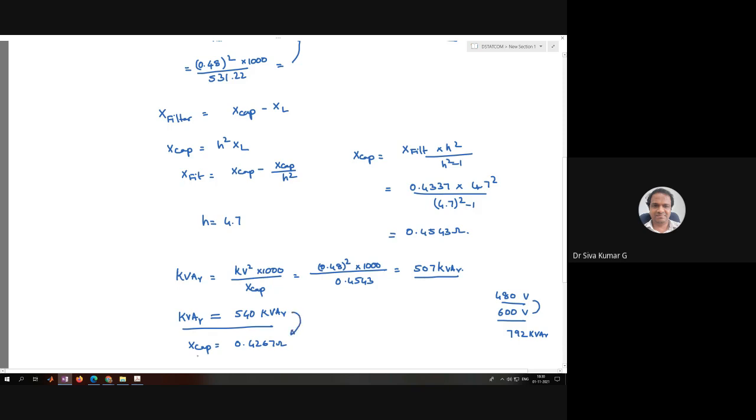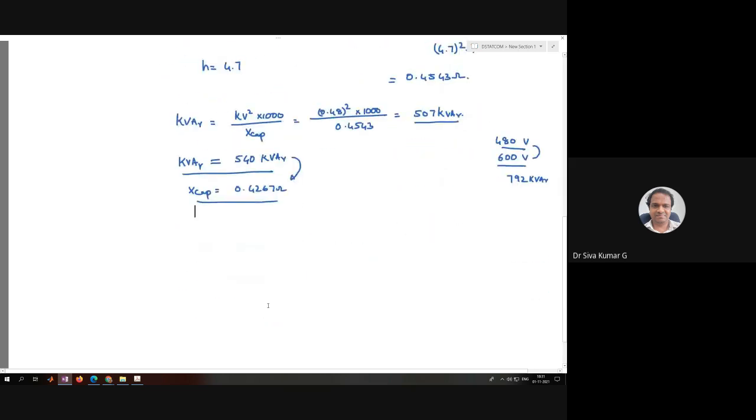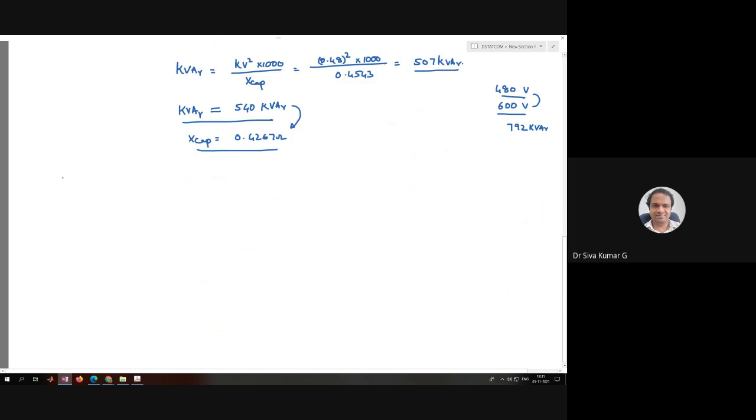Now we have the capacitance value. Next we are going to compute the filter reactor size, the inductive reactance element also.